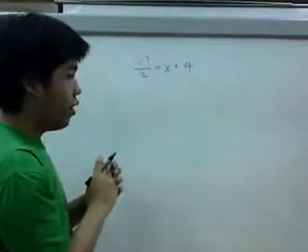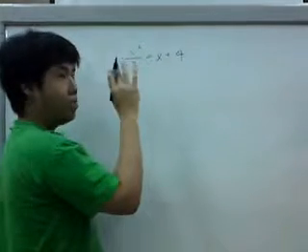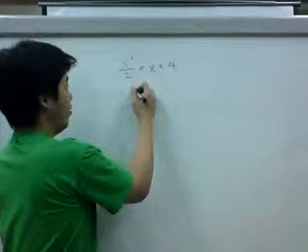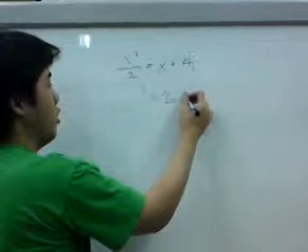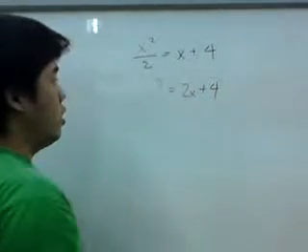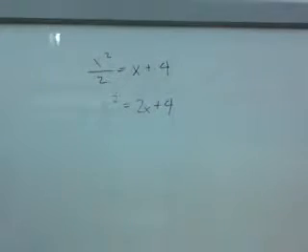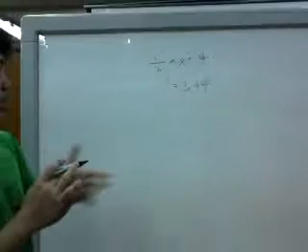So we have to get rid of the fraction. Let's multiply both sides by 2. So we will have x squared equals 2x plus 4, since 2 times x squared over 2 is x squared and 2 times x plus 4 is 2x plus 4.